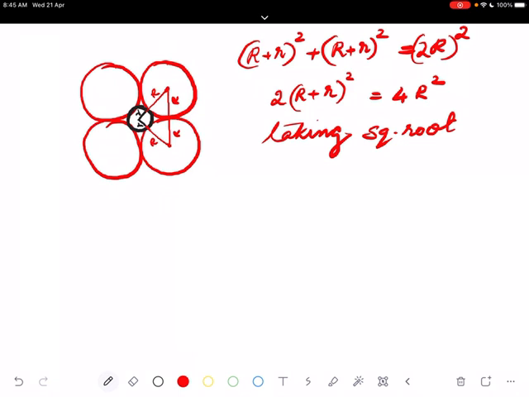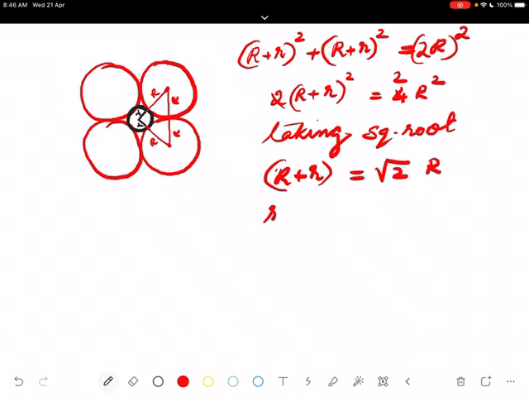Taking square root, that is r plus R is equal to under root 2R. So this relation we have got.